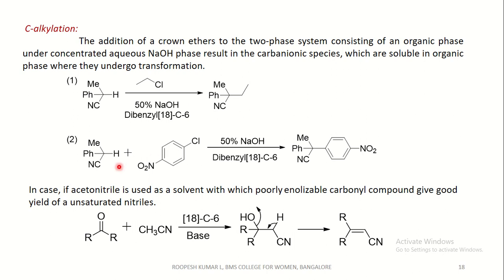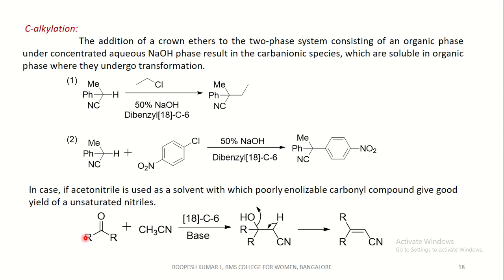A similar example reacts with chloronitrobenzene in the presence of 50% NaOH, which is very concentrated, and in the presence of dibenzo-18-crown-6 to form the corresponding compound. Whereas if acetonitrile is used as a solvent, poorly enolizable carbonyl compounds give good yields of unsaturated nitriles.